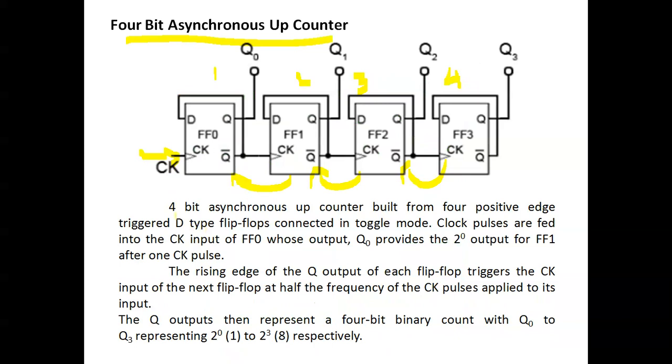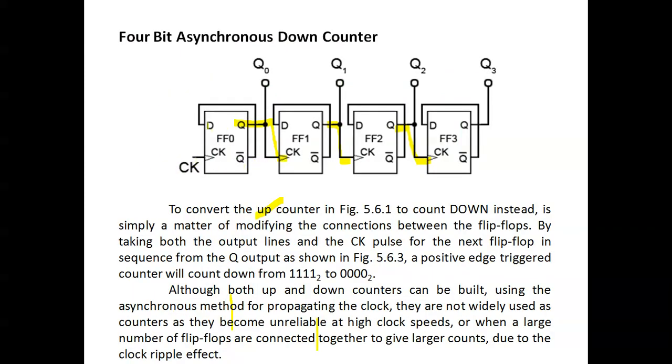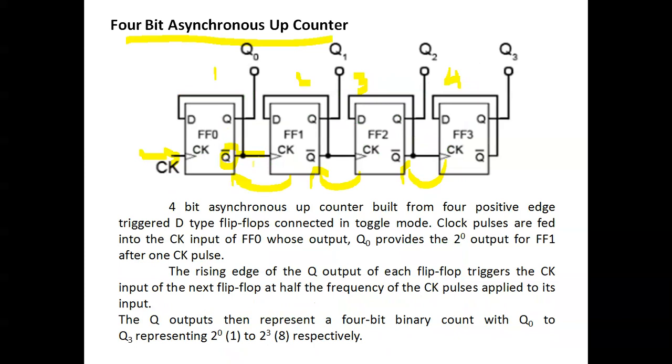See, there is a D flip-flop counter, with D, Q0, Q1, Q2, Q3. In the up counter the inverted output is given to the clock. In the down counter everything is the same, and here also D is given from the inverted output.